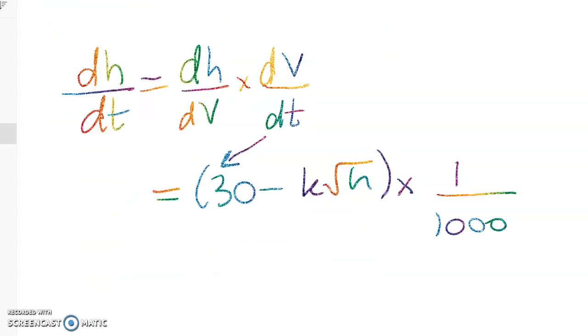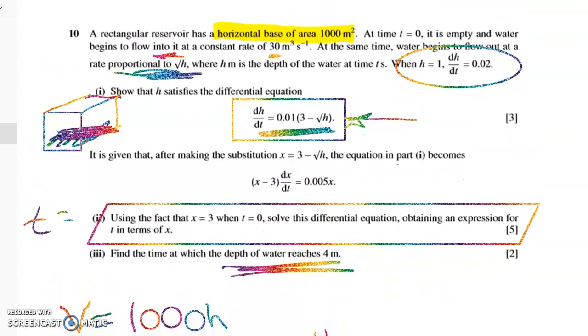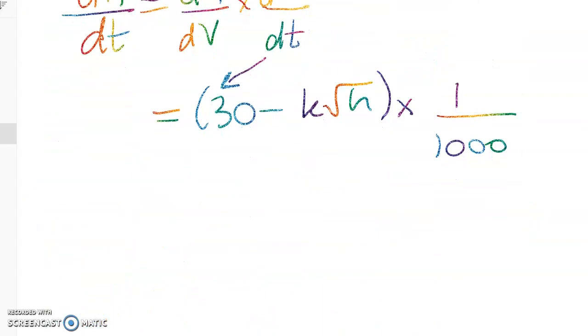Right, now we need to do some work to figure out the constant because we're asked to get it down to this point here. So we've got no k in there. We need to find something out using our initial conditions. We're told that when h is equal to 1, dh by dt is equal to 0.02.